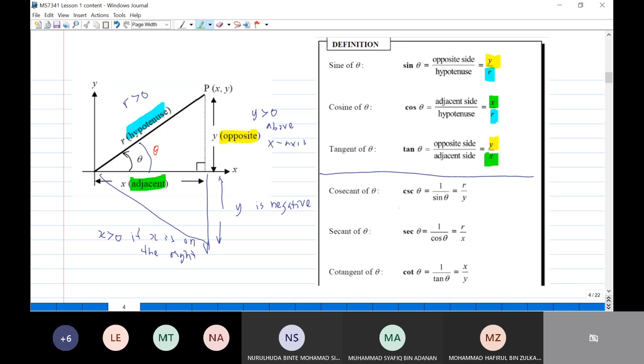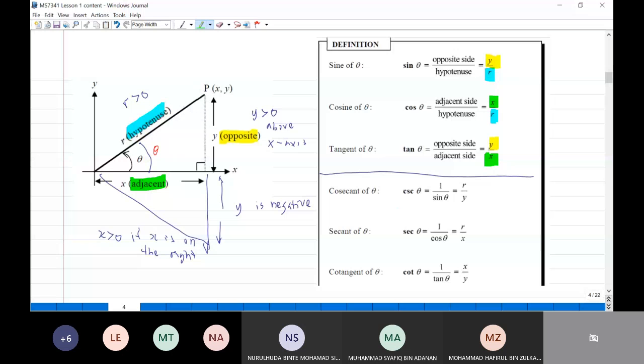Then there are three other Trigo functions. One of them is cosecant theta. Cosecant theta is 1 over sine theta. So you just take sine theta and turn it upside down. And then secant theta is 1 over cosine theta. So cosine theta you take upside down again, that is secant theta, and then cotangent theta is x over y.